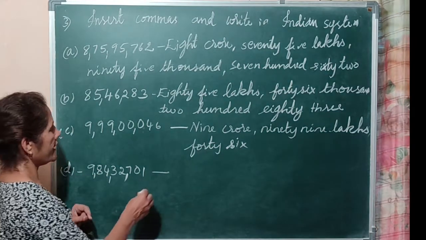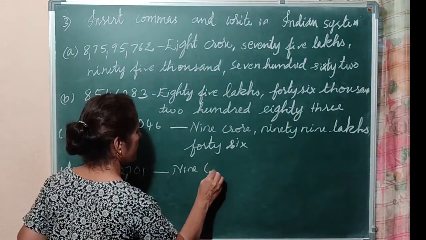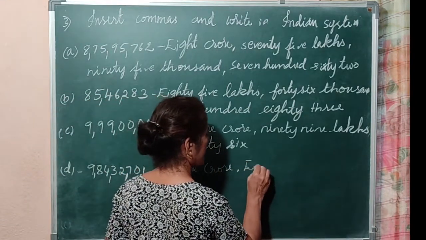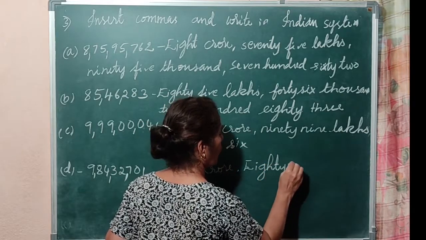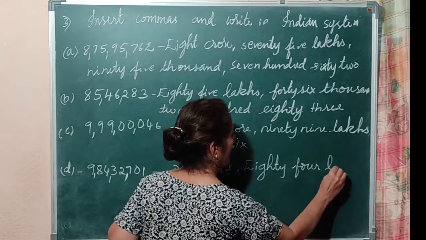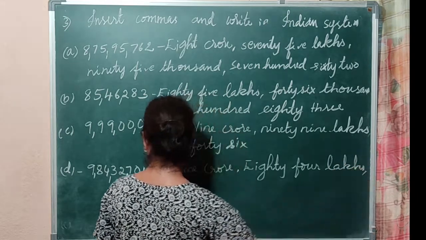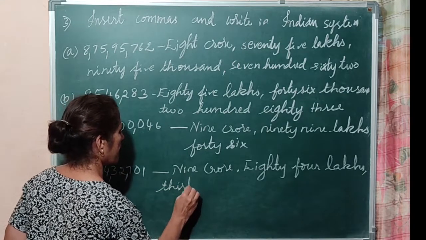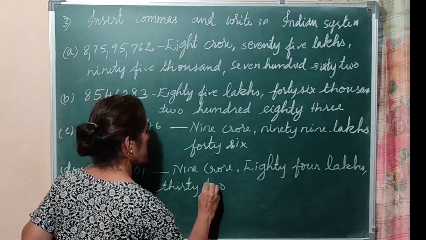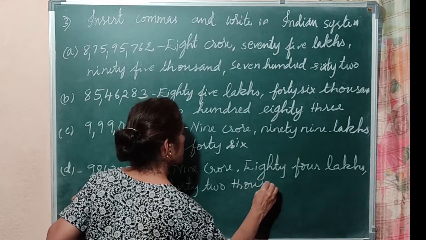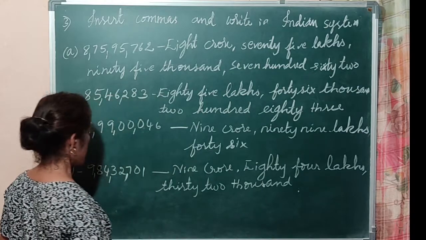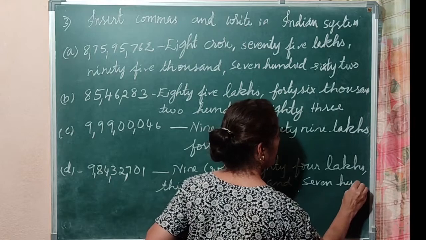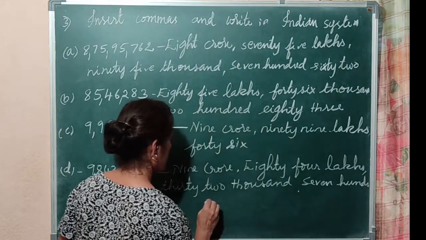So, how do we read? 9 crore, 84 lakhs, 32,000, 701 and 1.